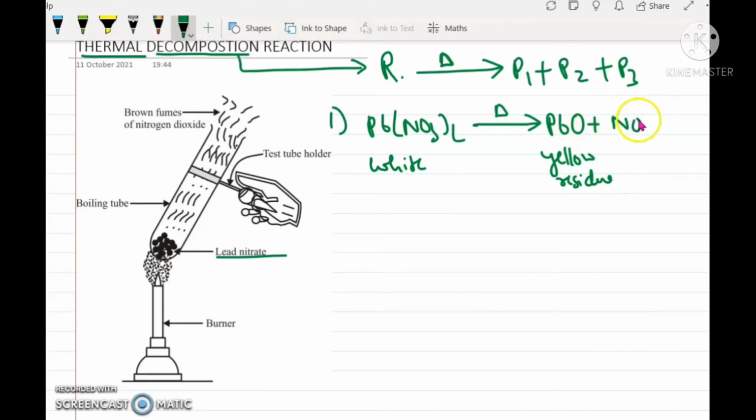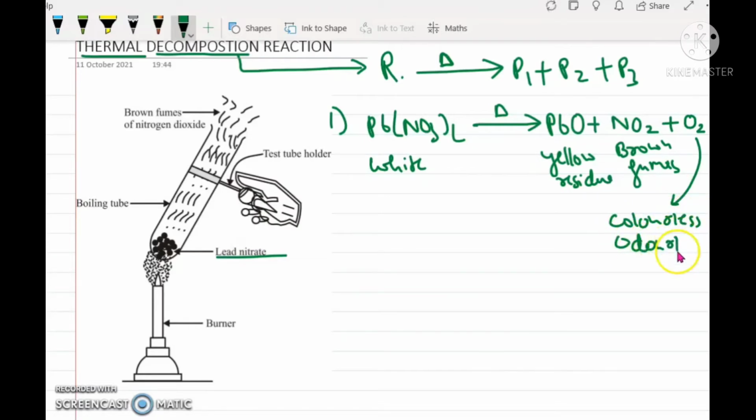Not only this, you will see nitrogen dioxide getting evolved, which you can identify by the brown fumes coming out of the test tube. Also, along with this, you will get one more gas, oxygen gas, which is both colorless and odorless.